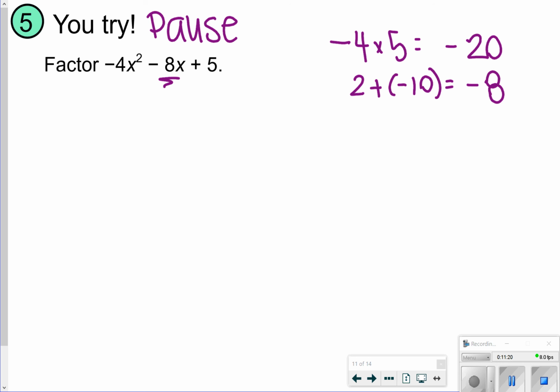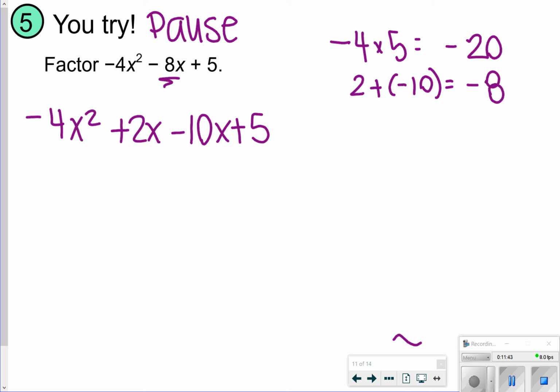Both of those add together to make negative 8, and they also can be multiplied together to get negative 20. So I'm going to split negative 8x into 2x and negative 10x. So I'll have negative 4x squared plus 2x minus 10x plus 5.